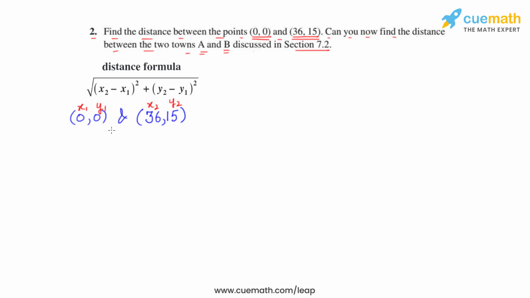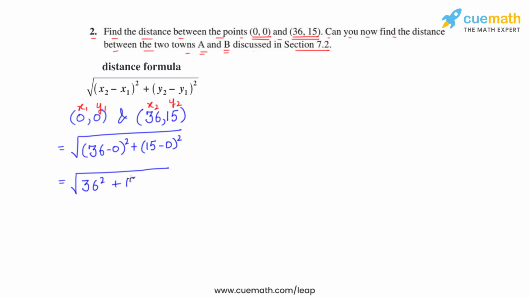Now let's apply this to the formula. So the distance will be x2 minus x1, that is 36 minus 0 whole square plus 15 minus 0 whole square. So this comes out to be under root 36 square plus 15 square.